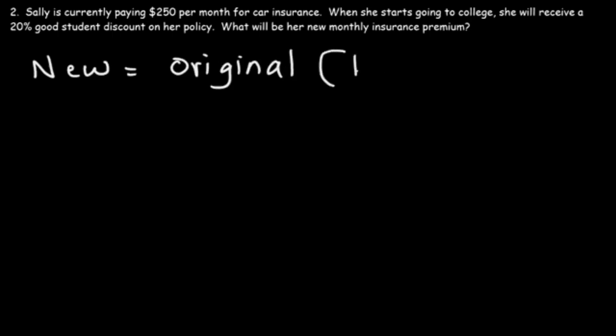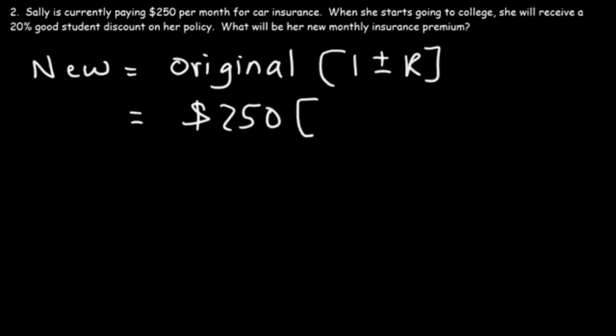So in this case, we're dealing with a percent discount. So let's use the same formula. The new price is equal to the original price multiplied by 1 plus or minus R. So the original price, her insurance premiums, is $250 per month.